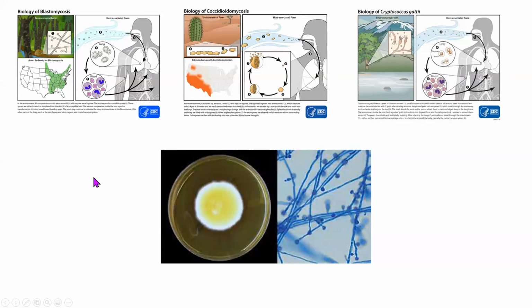And when they are in their natural environment, which is the soil in all 3 cases, they're just there. They're living a normal life as soil fungi. They're decomposing, they're interacting with other organisms, and they're just carrying out a saprotrophic life cycle. And a saprotrophic life cycle is just a fungus that is free living and existing in the soil.